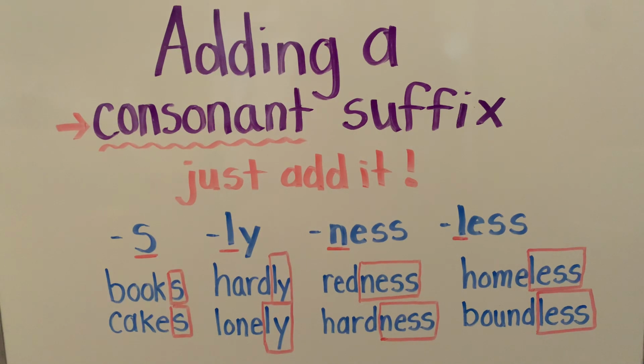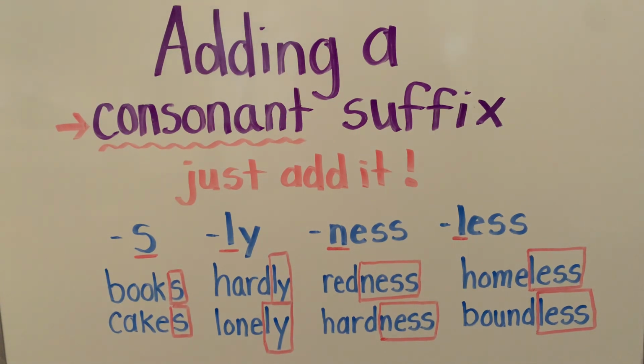And then less, homeless, boundless. Home ends in an E, which is a vowel. Bound ends in a D, which is a consonant. Both of them, you just add the less suffix on the end because it is a consonant suffix. So this rule is pretty simple, pretty straightforward.